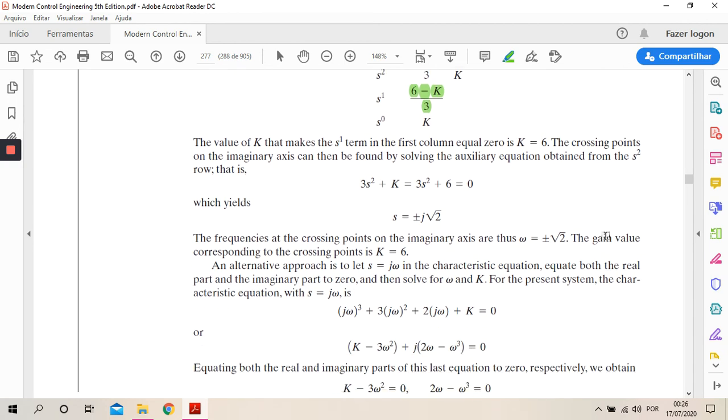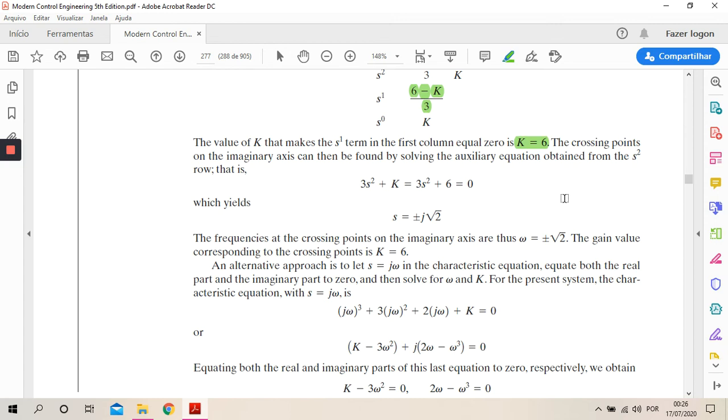The value of k that makes the S1 term in the first column equal to 0 is k equal to 6, okay? The crossing points on the imaginary axis can then be found by solving the auxiliary equation obtained from the S squared row, that is 3s squared plus k, which is 3s squared plus 6 equal to 0.